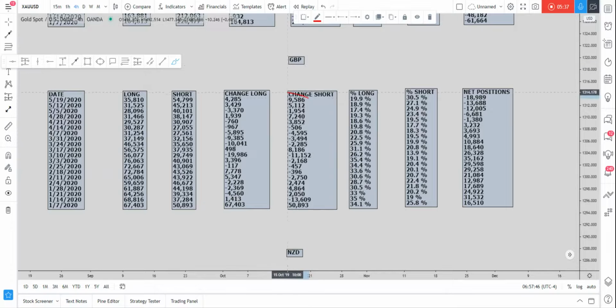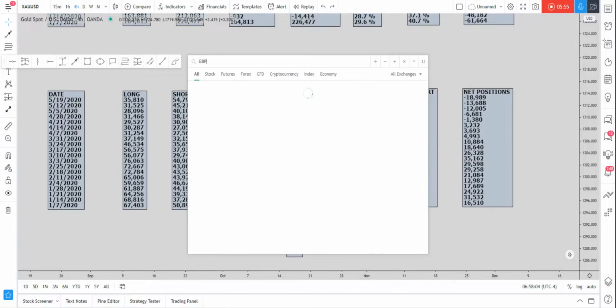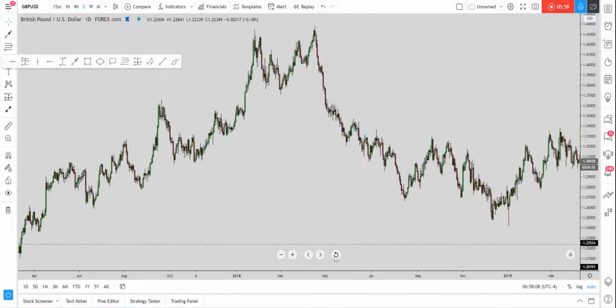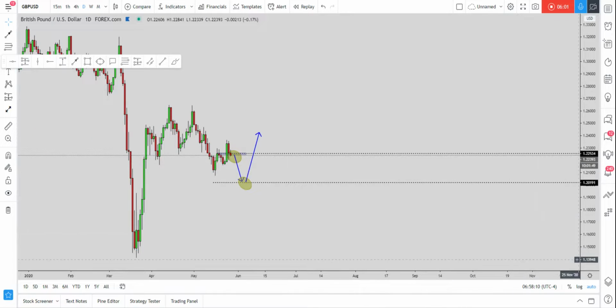And what we can see here is that with the last reports, hedge funds have added a lot of short positions, bringing net positions from the positive 35K that we have here all the way down to minus 18K that we have here. So from having longs outweighing shorts to having shorts greatly outweighing longs. So we can definitely expect more pound weakness. And that is why if the market breaks, we will be looking for potential shorting opportunities.